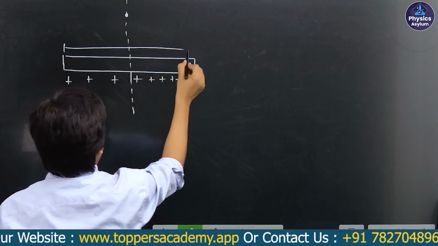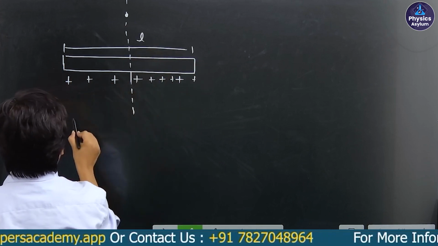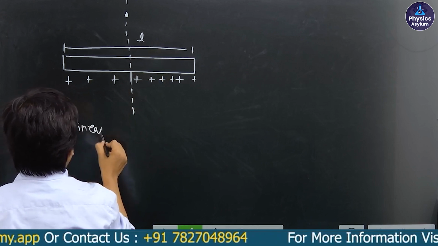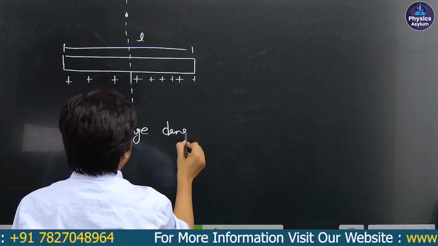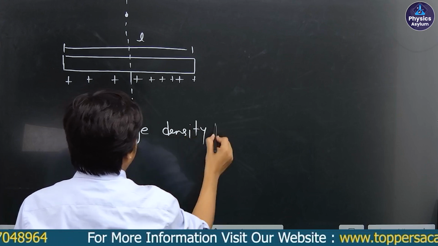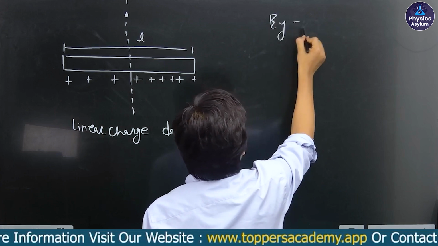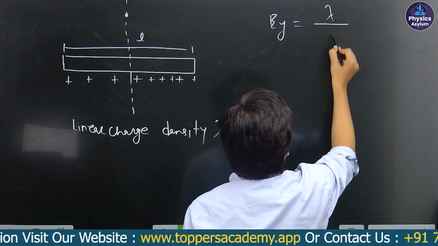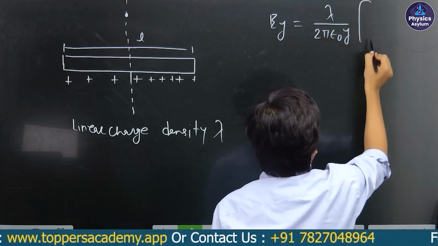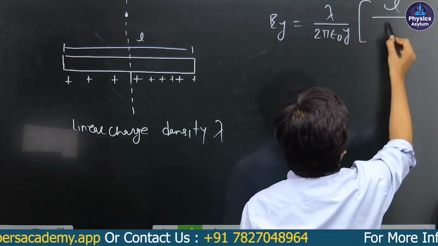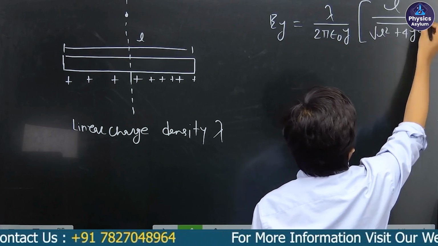This rod has a length L and linear charge density lambda. And that expression comes out to be lambda divided by 2 pi epsilon naught y into L divided by square root of L square plus 4y square.